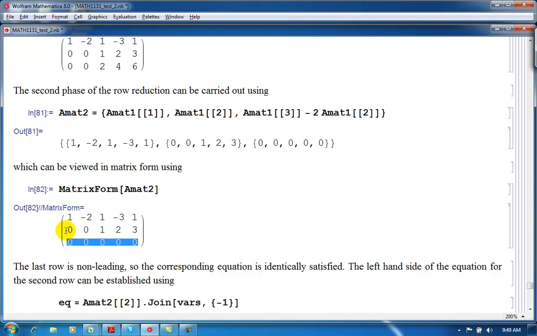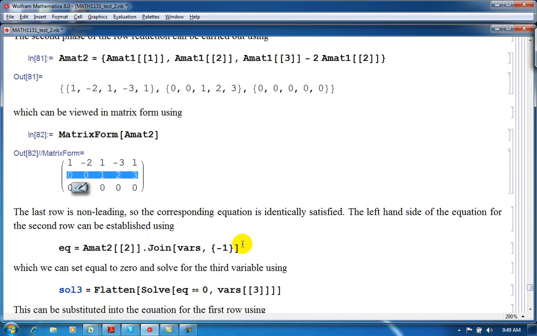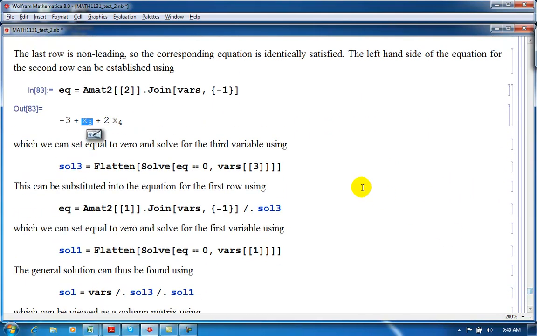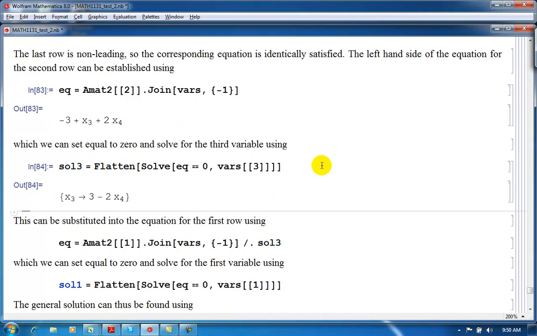So the equation corresponding to the second row can be got by taking the second row times the variables. So this is an equation. This has to be 0, and we can see that this is an equation which we could solve for x3 in terms of x4. So we set that equal to 0, and we solve for the third variable, x3, and there it is there.